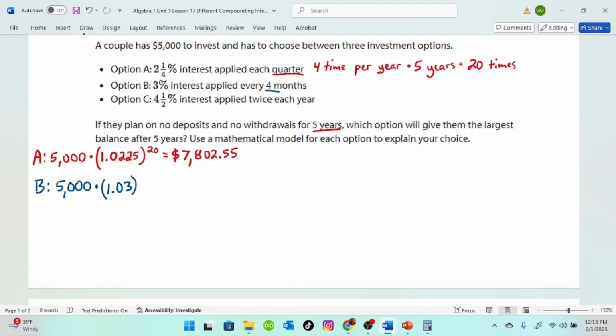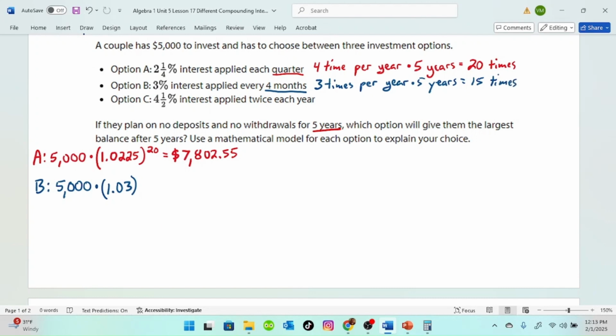If this is applied every 4 months, that means it's going to be 3 times per year times the 5 years, which would be 15 times.